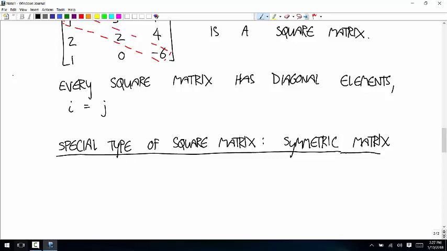And the requirement for a symmetric matrix, so let's say for a symmetric matrix A, the matrix A has to be equal to its own transpose.